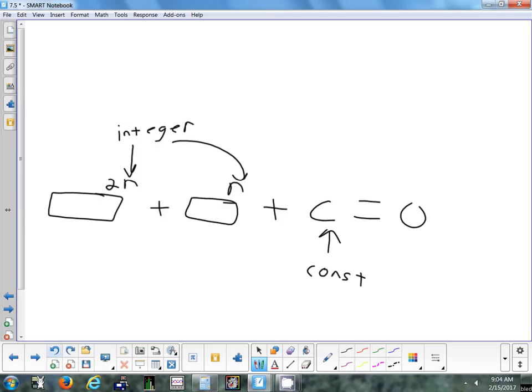Or I could put sine x. As long as you have the same thing in each box, and the first one is raised to double the power of the middle one, and the last term has to be just a number. That's a quadratic type equation.